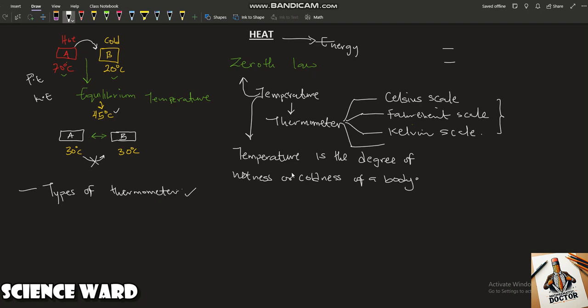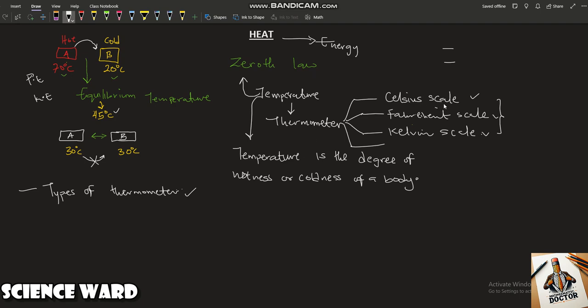But in this case, we are looking at the different thermometer scales. And we have the Celsius, the Fahrenheit scale, and then the Kelvin scale. So these three scales are the most common scales of our thermometer.